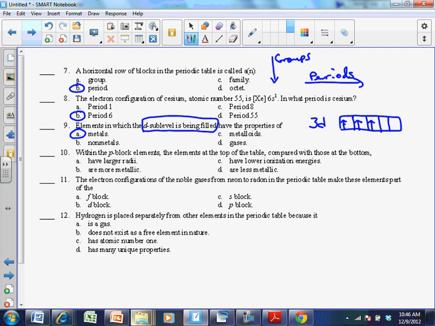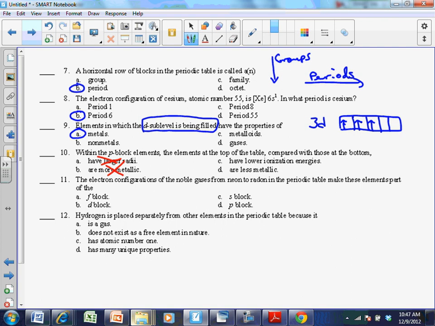Within the p block, the elements at the top of the table compared with those at the bottom: definitely not larger radii. We know the radius increases at the bottom. More metallic? No, that's not true. In fact, metallic character increases as you go down because the elements get bigger and more likely to lose electrons rather than share.